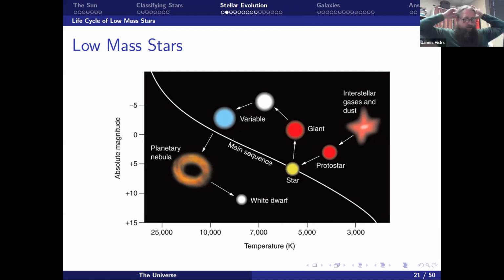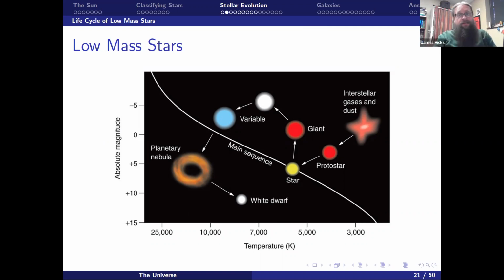It's really, really hot, like 15 million Kelvin in the core. There's a lot of pressure that wants to make the star expand outward. But it's so dense, because it has to be to have the fusion process start, that there's a gravitational force holding it together. So there's a balance between radiation pressure pushing out and gravity pulling in.